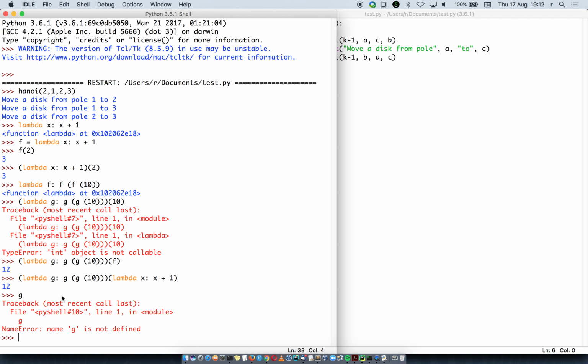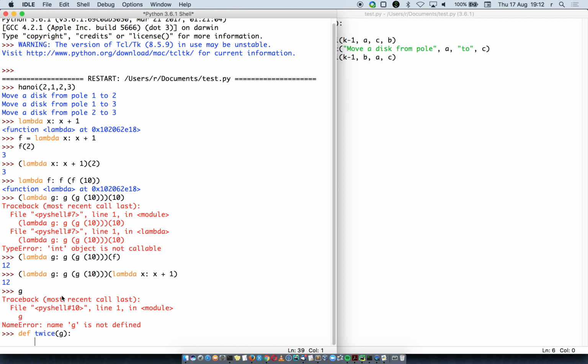All right. So let's translate this into what you're comfortable with. I am going to call this twice. So what if I say def twice, applied to g, and I say return g applied to g applied to 10.